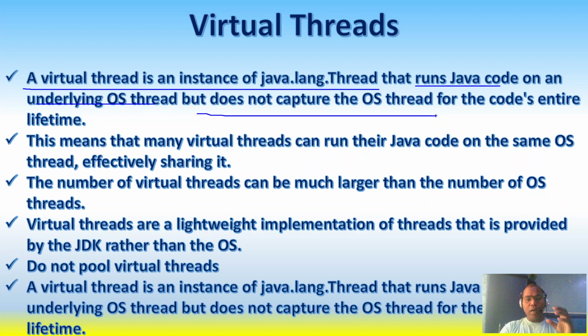That means when the virtual thread needs CPU calculation, it is bound to an operating system thread. If the virtual thread needs to wait or do an IO operation, it is pushed out from that OS thread, and the OS thread is again ready to take another virtual thread. That means many virtual threads can run Java code on the same operating system thread, and effectively one platform thread is shared across multiple virtual threads.